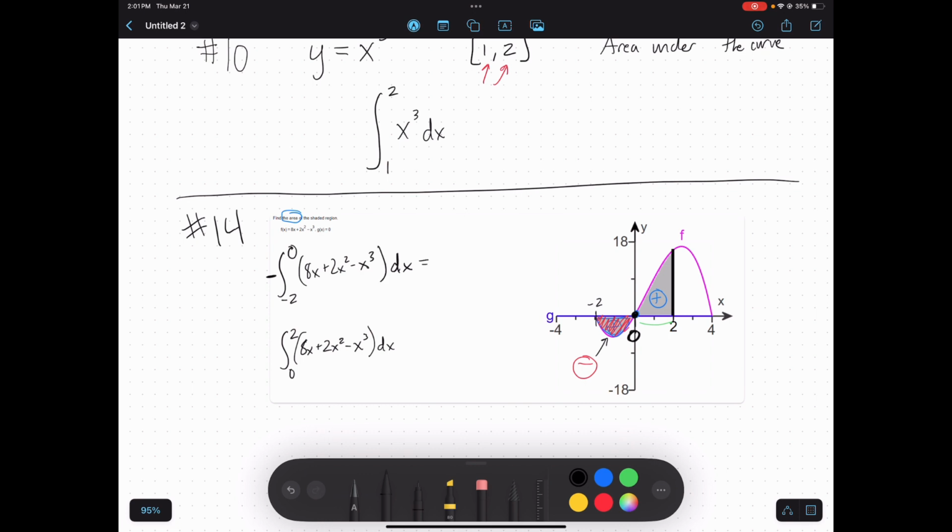And what that allows me to do is, if I wanted to, I could then distribute that negative to each of these terms, and then I can take the integral of negative 8x minus 2x squared plus x cubed. And that integral should be positive. It should give me the same exact answer as the integral if I didn't put the negative, but it'll be positive instead of being negative. It's counting that area as positive area.